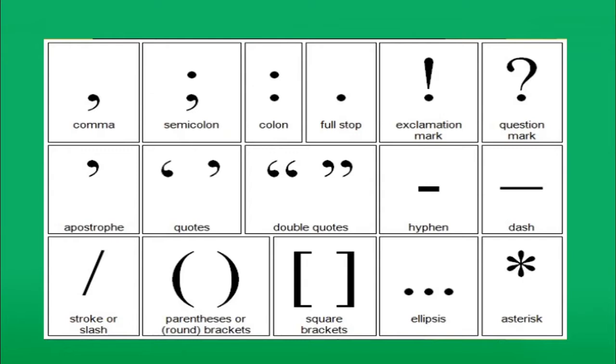So here are the punctuation marks. We have already finished comma, semicolon, colon, full stop, exclamation mark, and question mark. In this lesson we will read about apostrophe, quotes, double quotes, and so on.